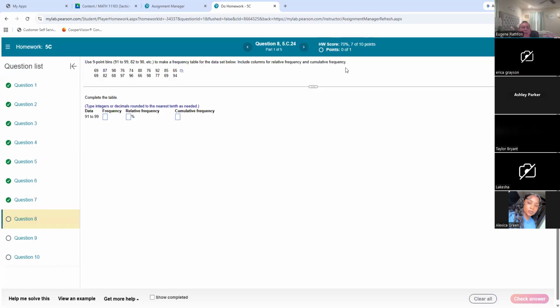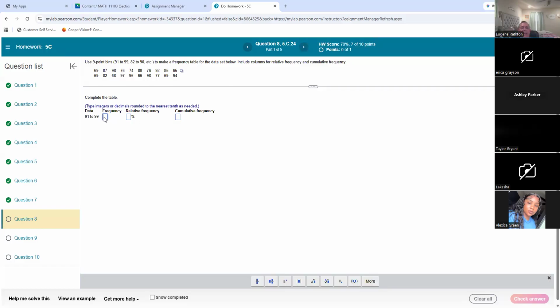All right, y'all, the same thing we're doing on this one. Same thing we did a while ago. So I need to know how many of these data are between 91 and 99.